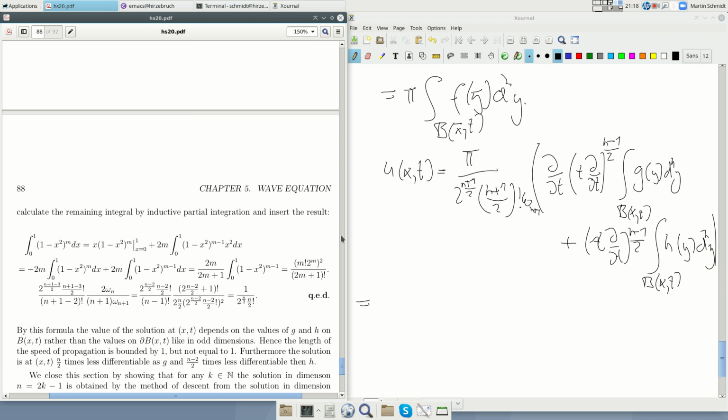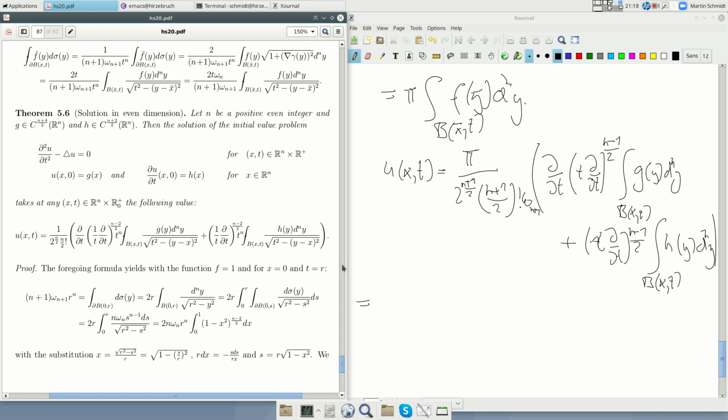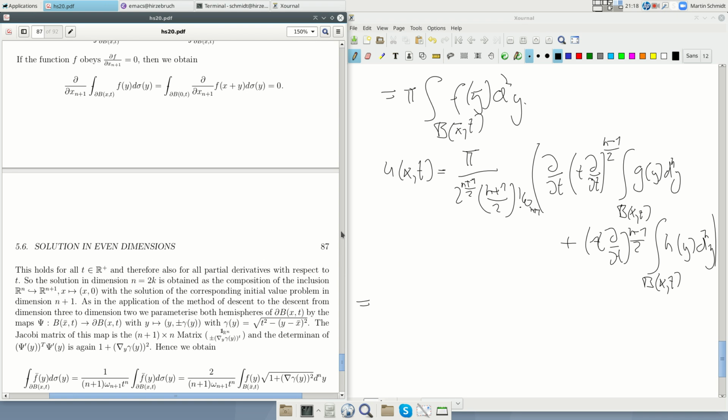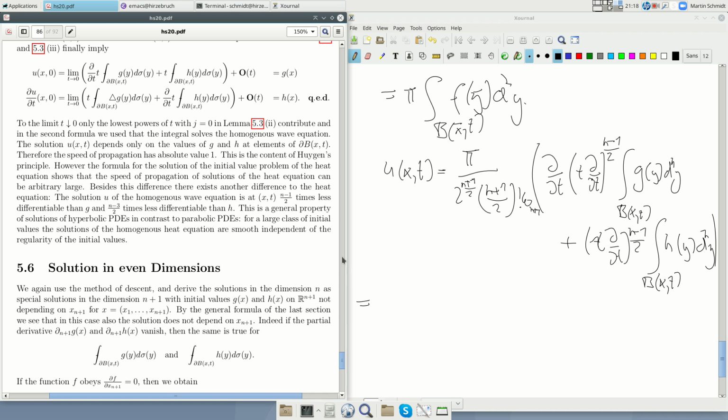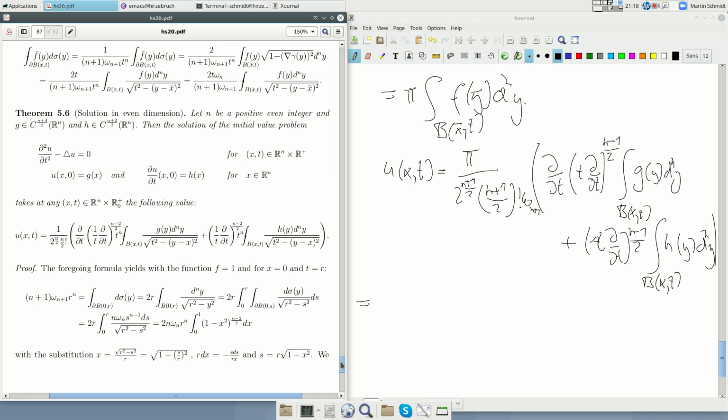Also in this formula here, in the even dimension, we have this t to the power of n, but this is of course exactly the dimension of this ball.